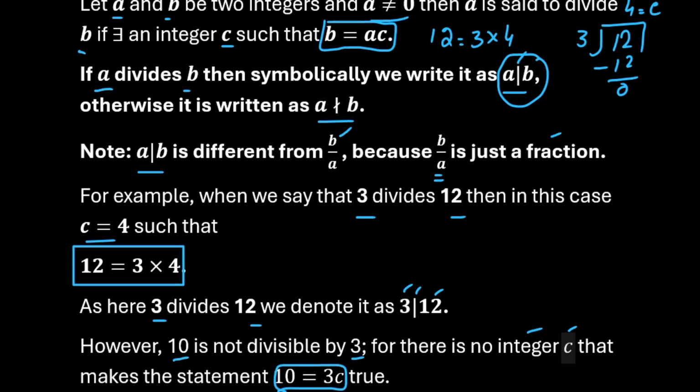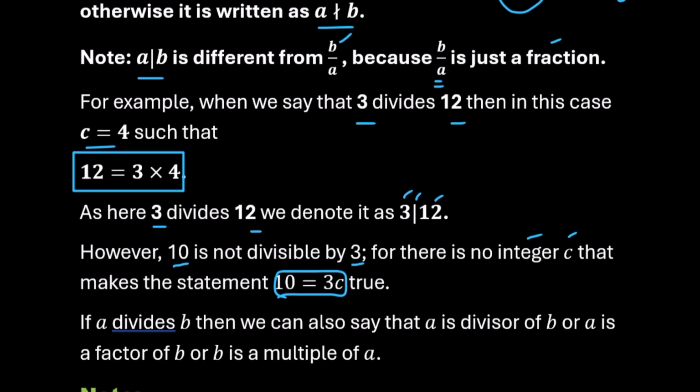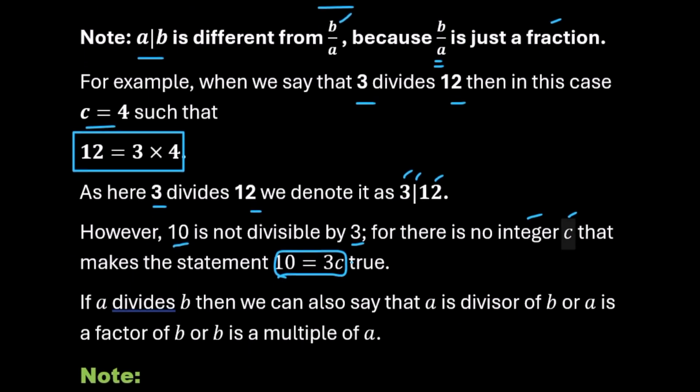You cannot find any integer c such that when we multiply it with 3 it gives 10. So if a divides b, then we can also say a is a divisor of b, or a is a factor of b, or b is a multiple of a.